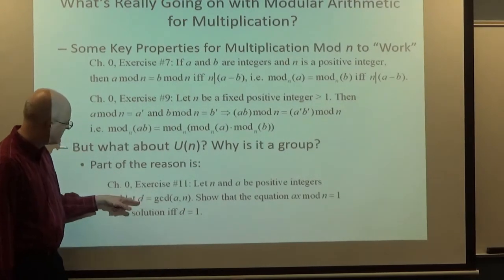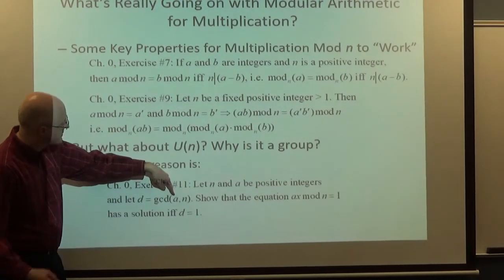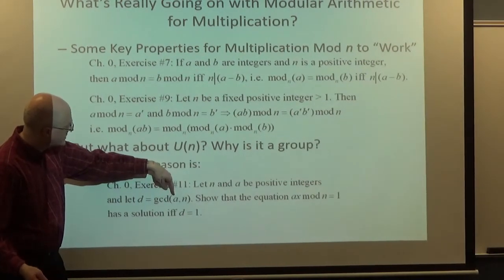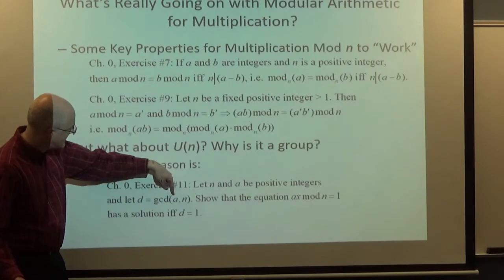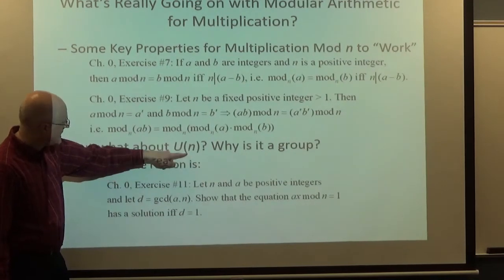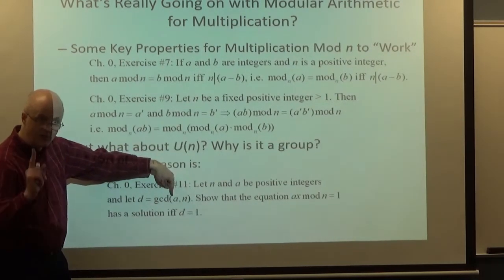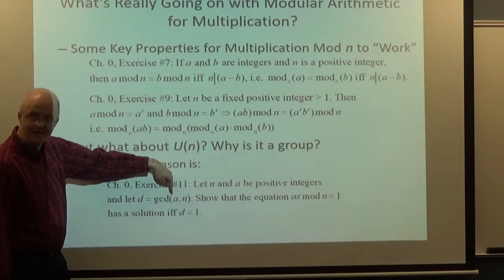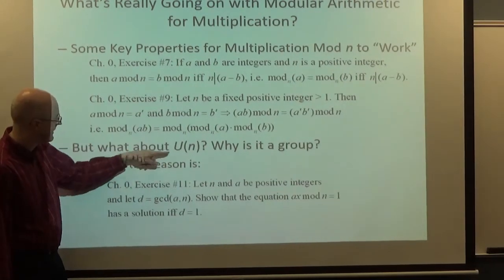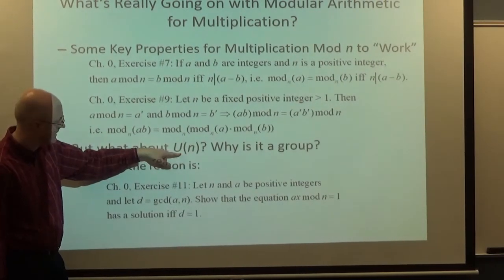Now, a positive integer a less than n is going to be in U_n if and only if this GCD is 1, right? It's got to be relatively prime to n. That's what elements of U_n have to satisfy.